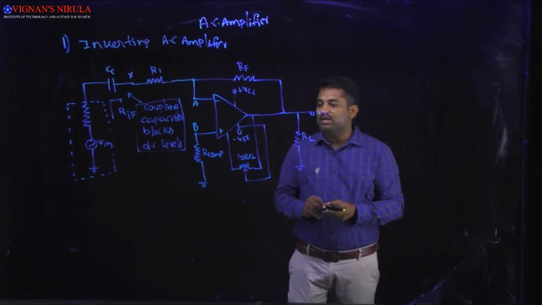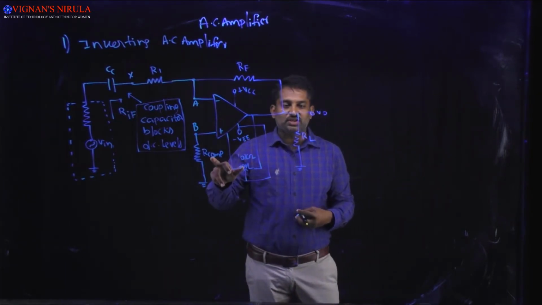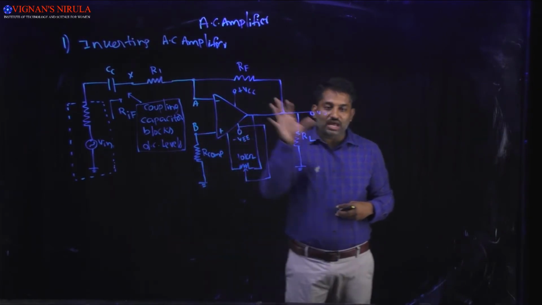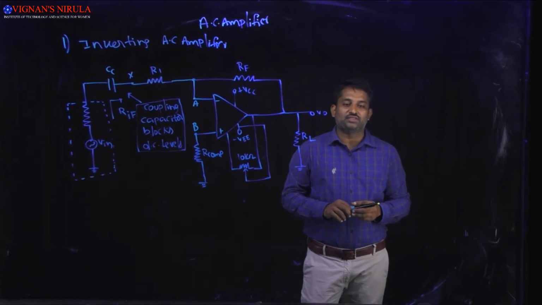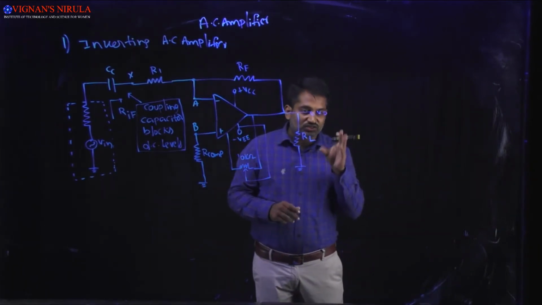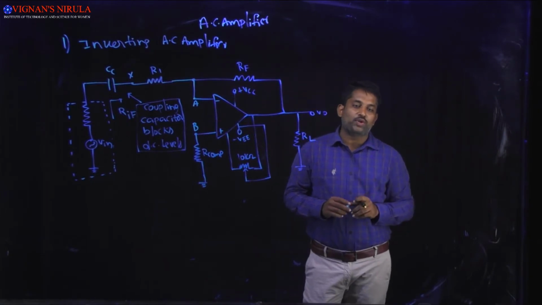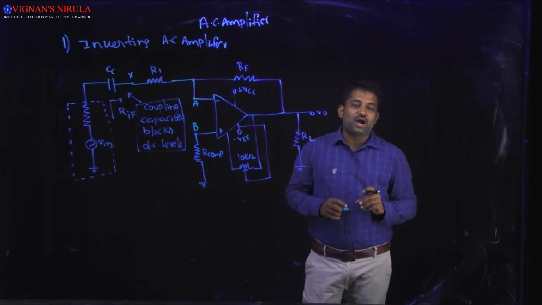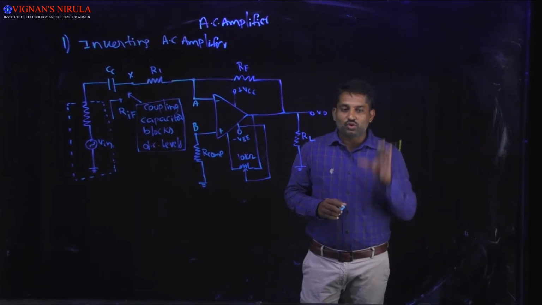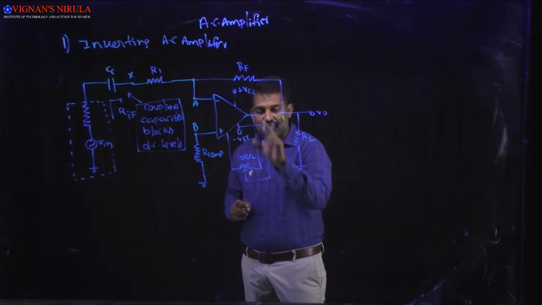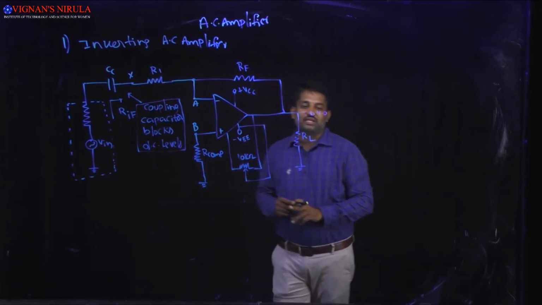These offset errors are generated because of mismatching of components, thermal drift and tolerances. So these will be eliminated with the help of the compensating network.